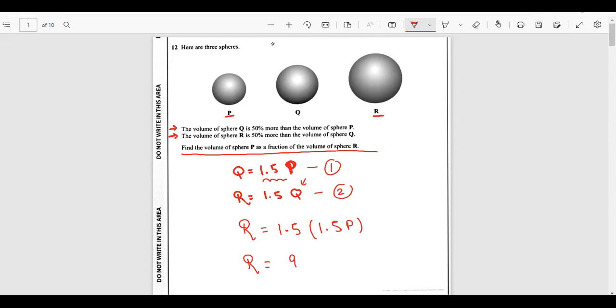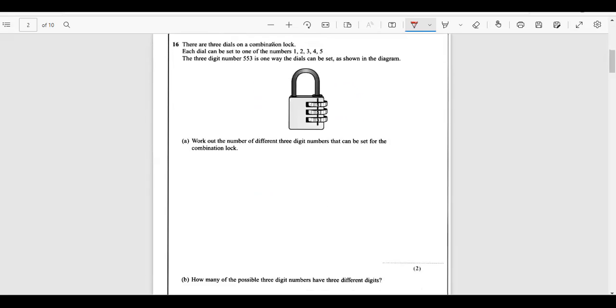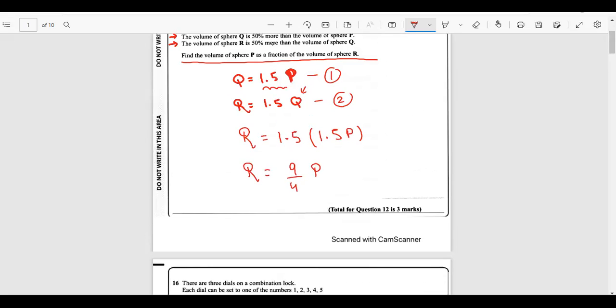That would give me 9 by 4, because 1.5 is 3 by 2, 3 by 2 into 3 by 2 is 9 by 4 P. And I'm not done yet. I was basically supposed to find the volume of sphere P. So I need to make P the subject. So I'll be taking this 4 and 9 on the other side, and it would become 4 by 9 into R, because you flip it, equals P. Yes, very good.